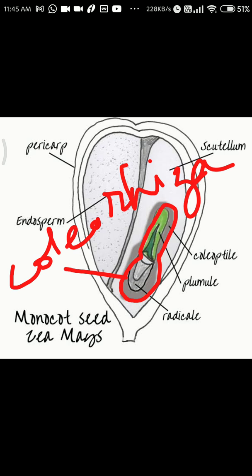In dicot seed you will not see the endosperm separately. That will be inside the cotyledon only. Means that will be part of the cotyledon, as separately it's not visible in the dicot. Understood?